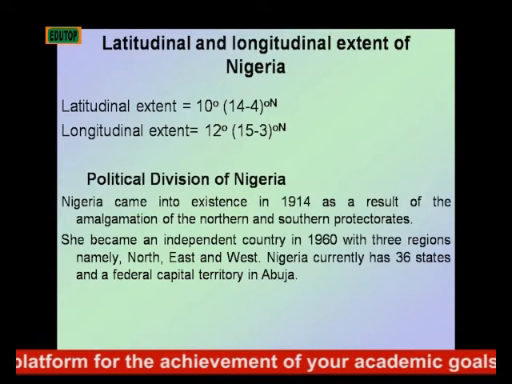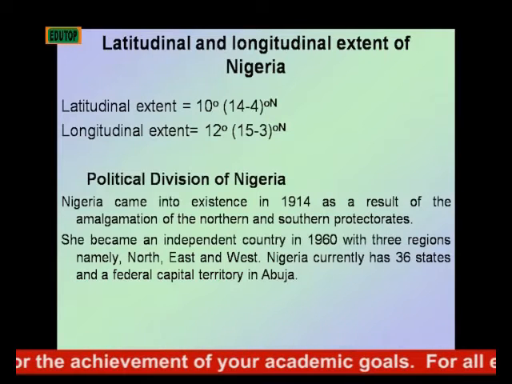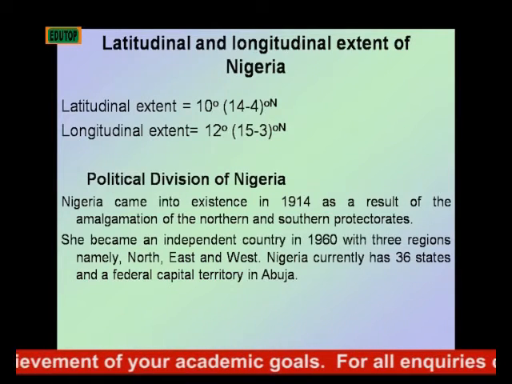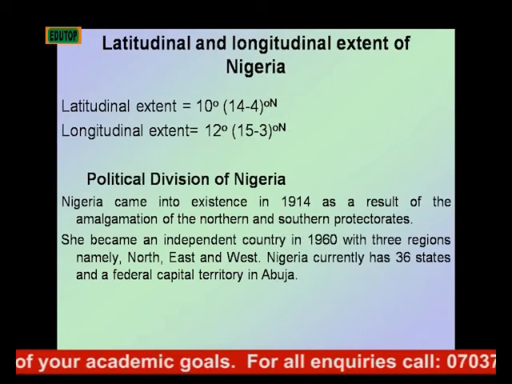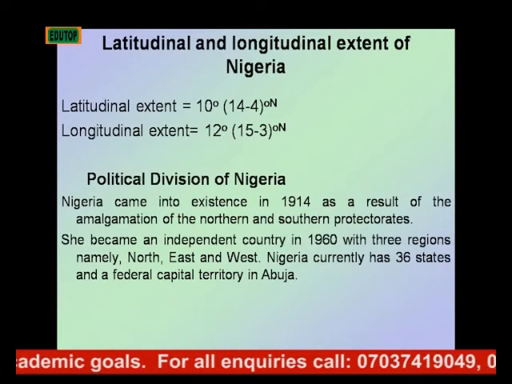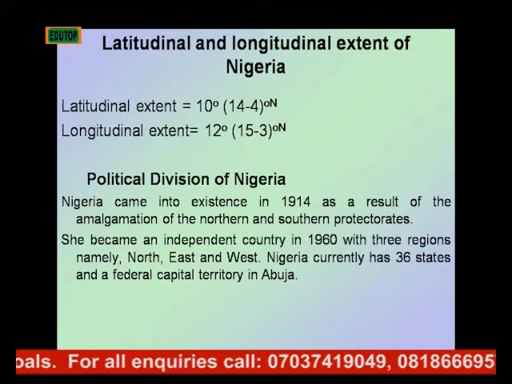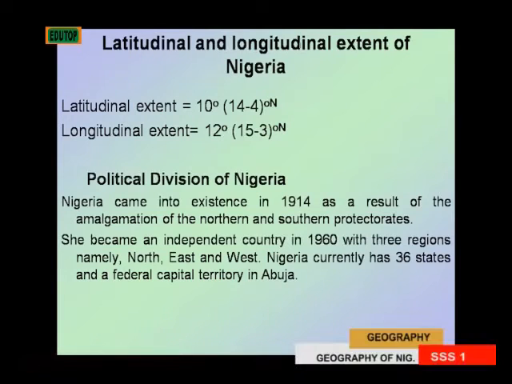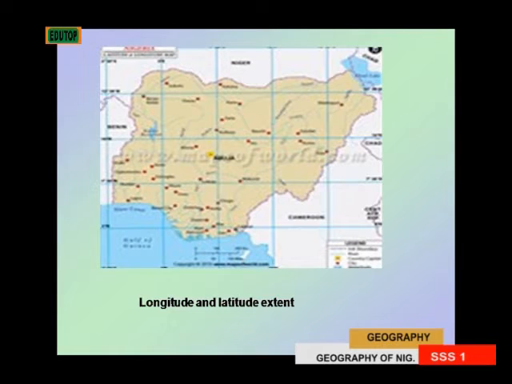And at this time, she had 3 regions, namely the north, the east, and the west. However, currently, Nigeria has 36 states with a federal capital territory located in Abuja. This is a map showing the longitude and the latitude, stretch or extent of Nigeria, which we talked about earlier.